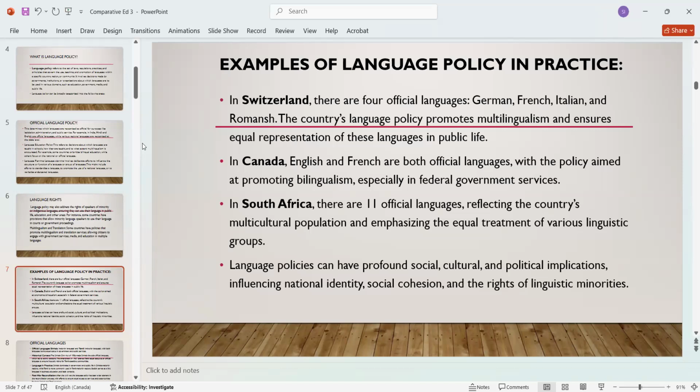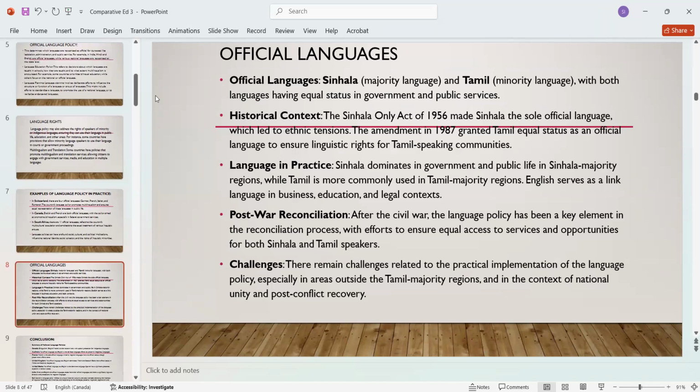So one policy is national social cohesion and national integration, right? So official languages in our country, right? A majority language, Sinhala, and Tamil minority language, with both languages having equal status in government and public services.